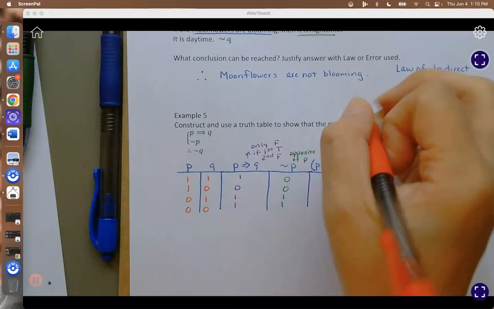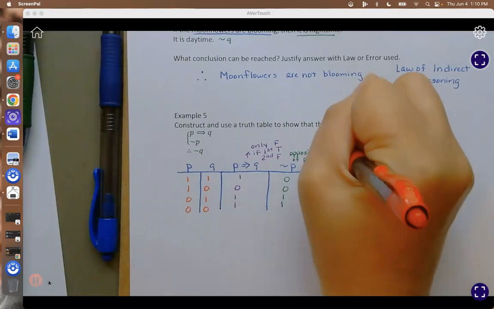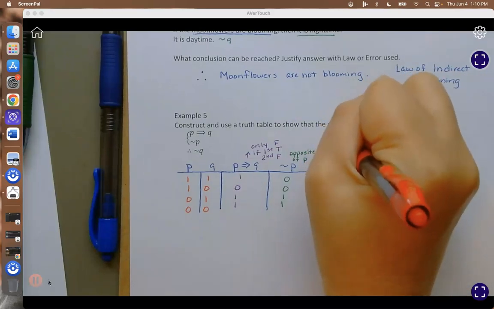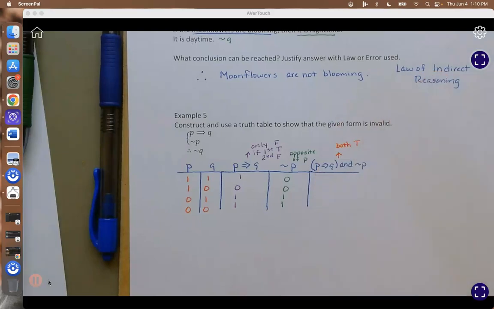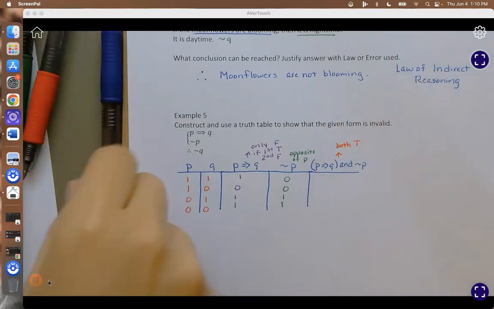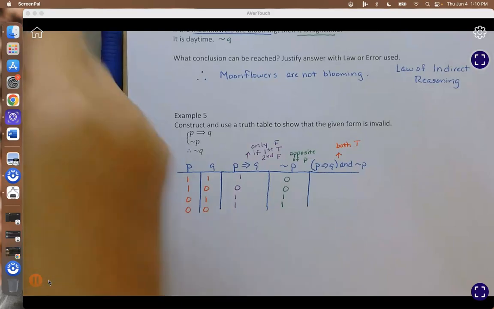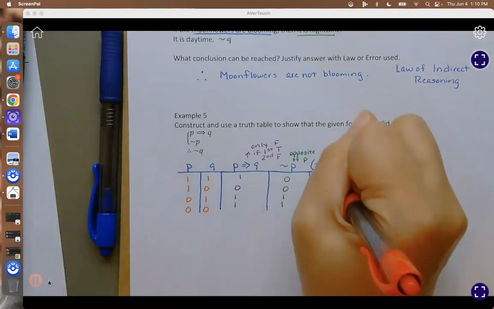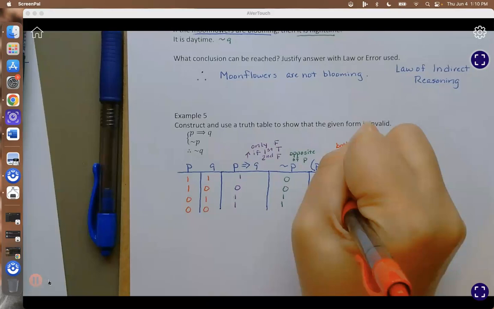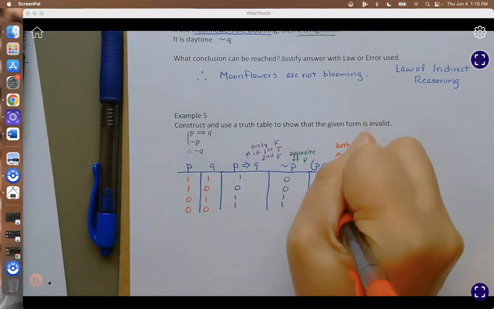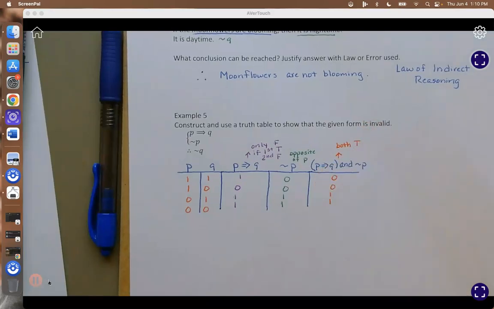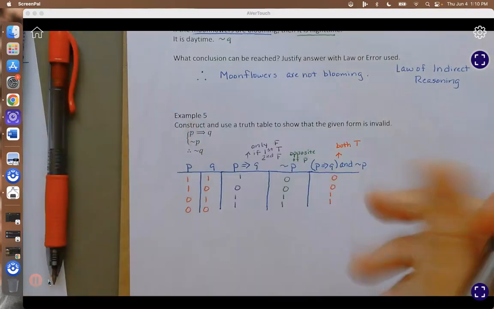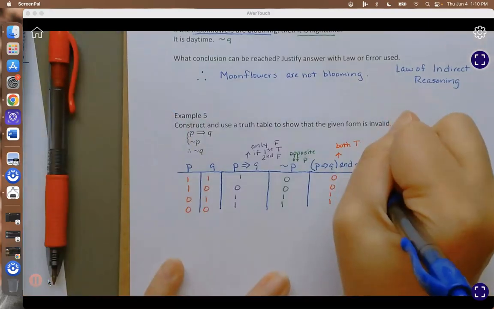Okay, so both true. Okay, so we're going to look at these. So that's off, off, on, on. Okay, now we go to the conclusion.